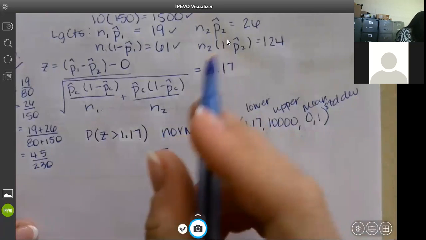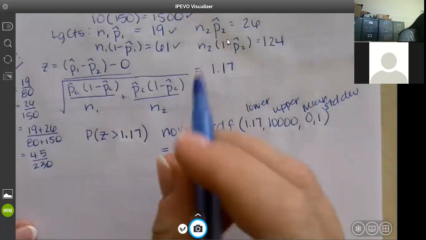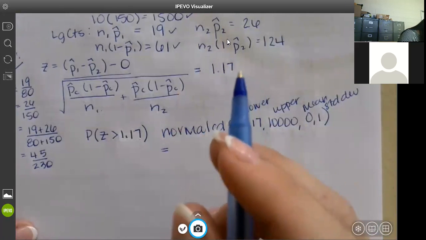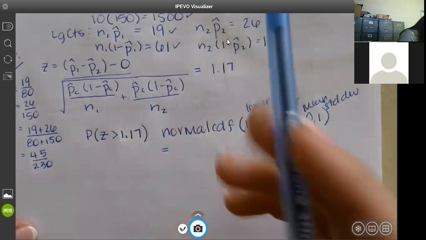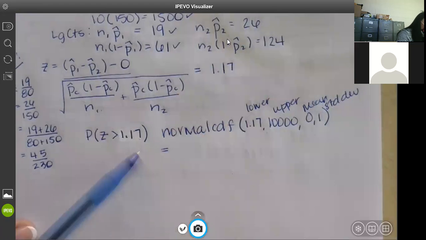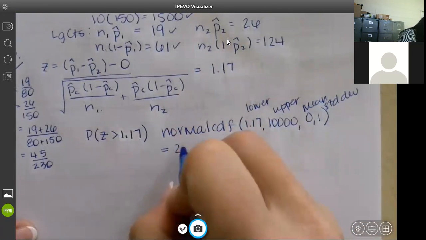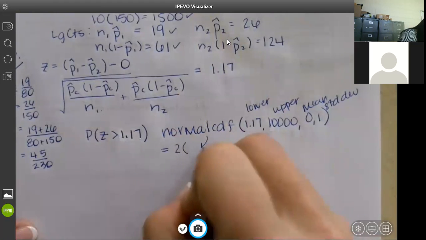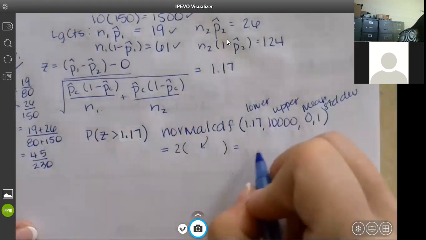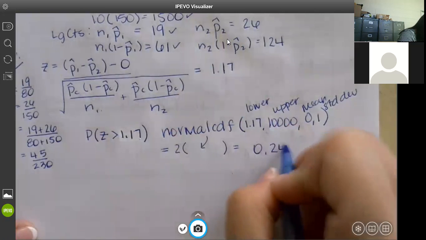When you put that in your calculator, you get a value. What do you have to do for this p-value? So 2 times this number, which I'll tell you gives you 0.2427.